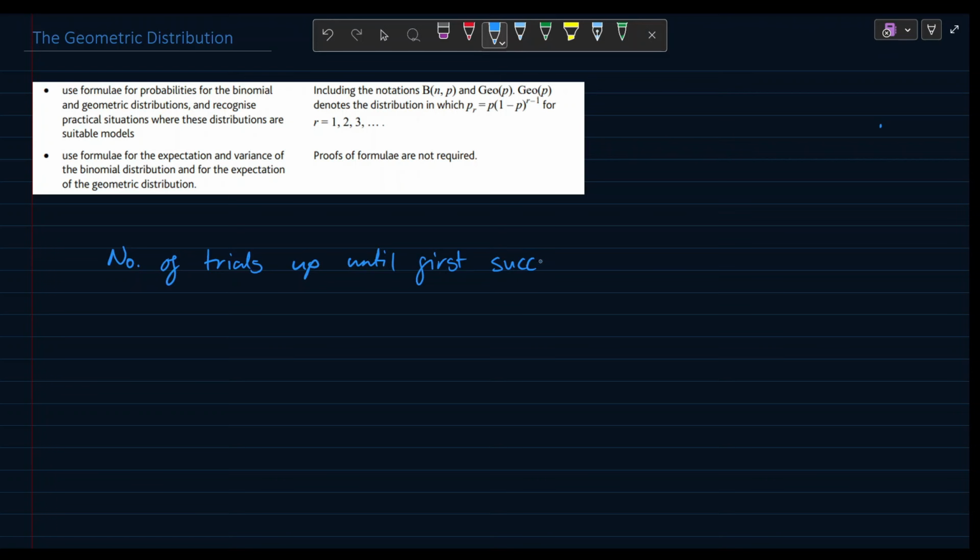The conditions for a random variable to be defined geometrically are similar to those of a binomial distribution in that we should have two outcomes, success or failure, and we should have a constant probability of success. P is constant, and our trials should be independent.